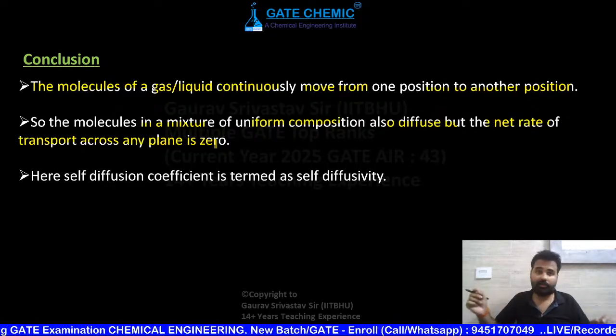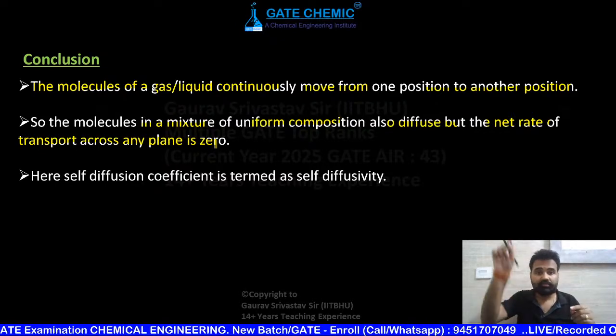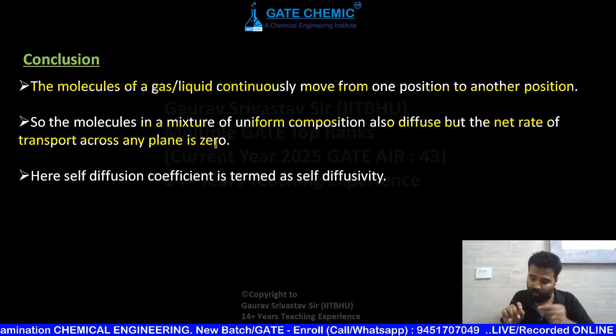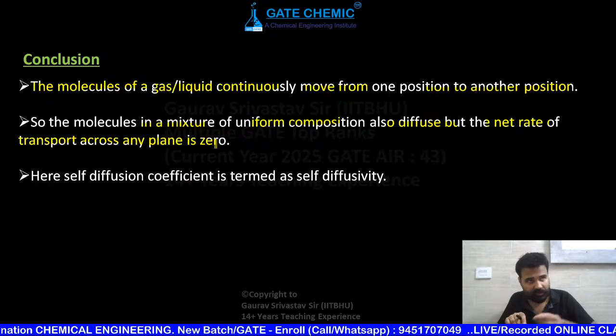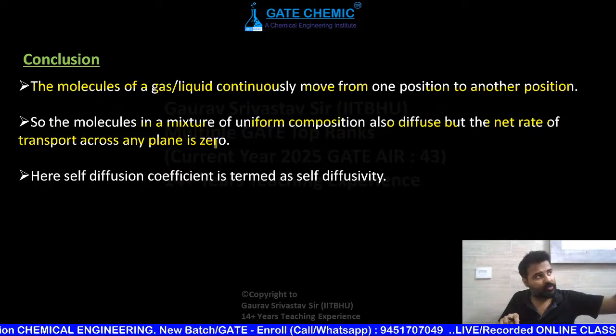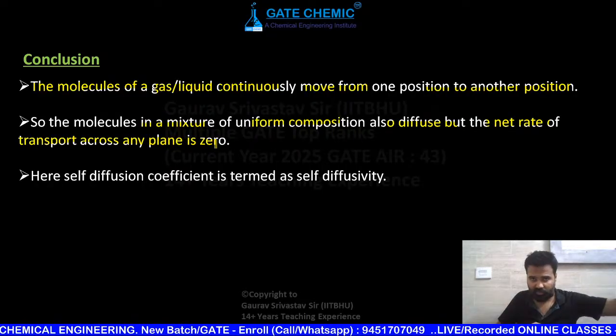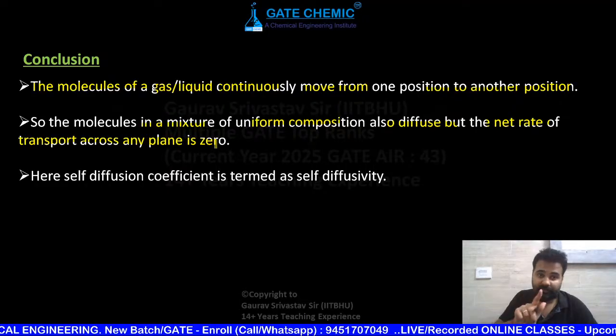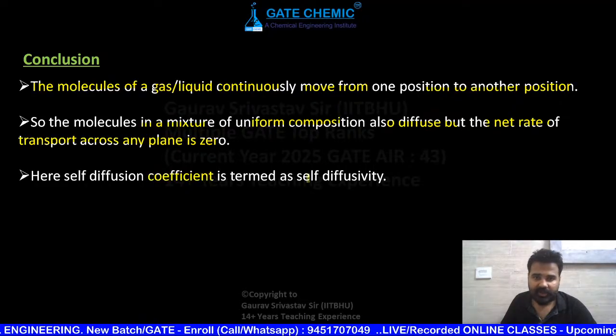But still molecules are movable, like convection current. Molecules take energy, leave their place and convey or transport energy to some other molecule. So this is self diffusion. Here self diffusion coefficient is termed as self diffusivity.